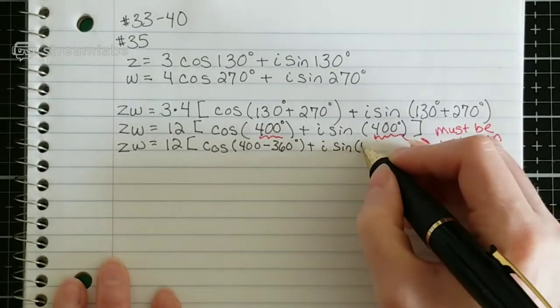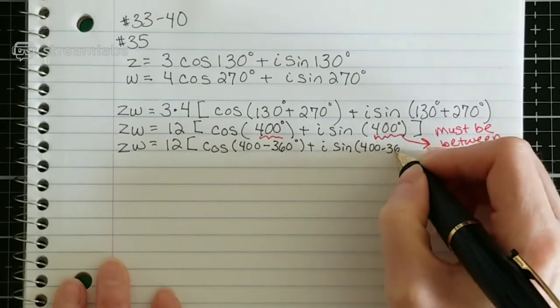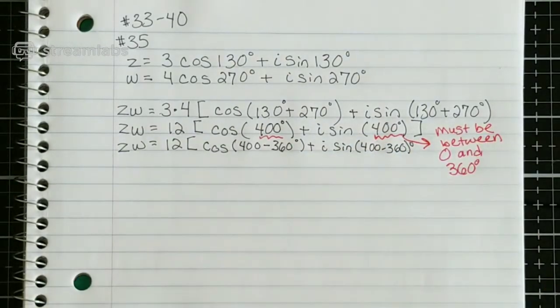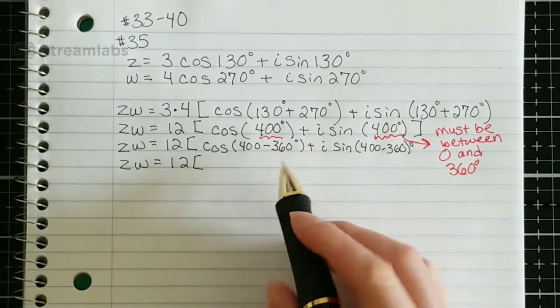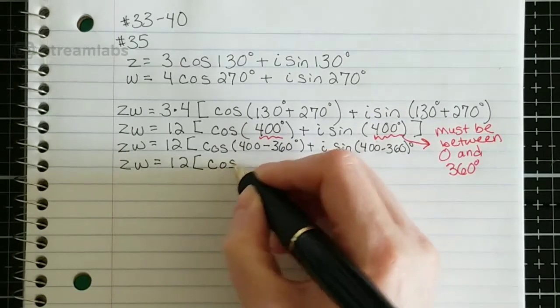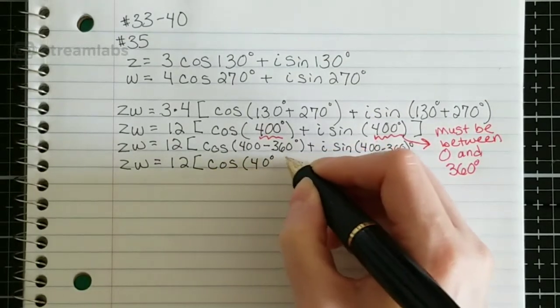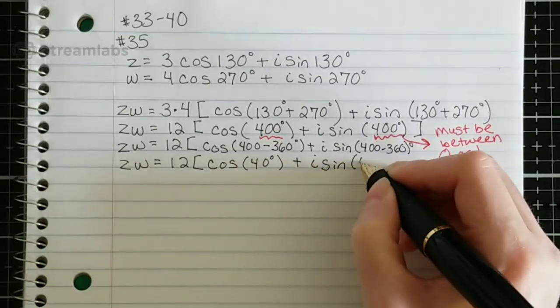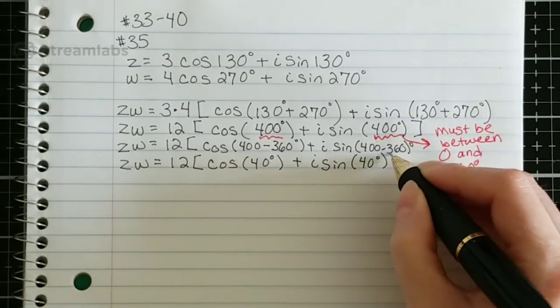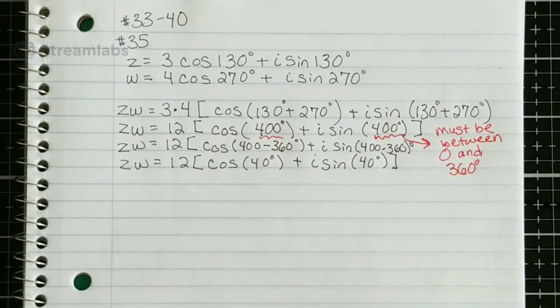That's how you solve that problem. 400 minus 360 would be 40. So this is cos of 40 plus I sine of 40, and that's your answer for the first one.